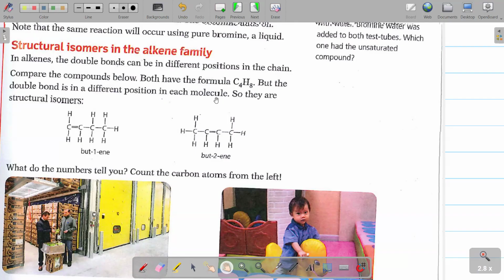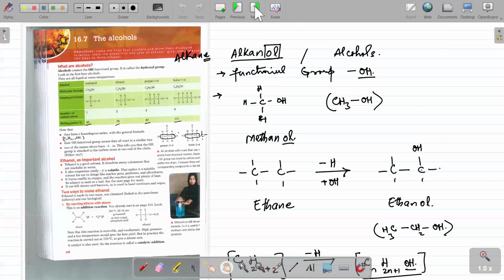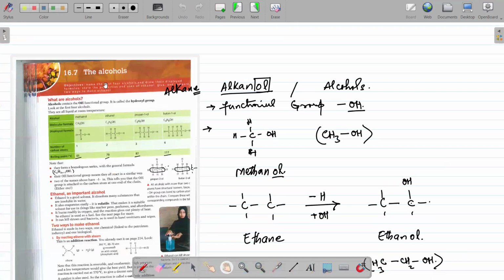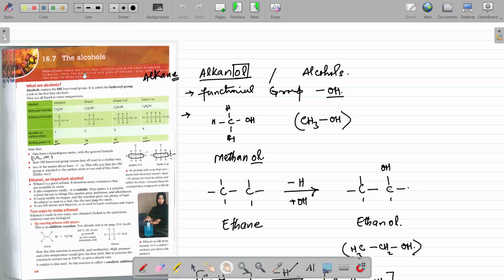Okay, now let's move on to the next class of organic compounds, as I gave you a brief introduction, that is alcohols. Alcohols are a separate class of organic compounds which have the functional group OH. All those compounds which have an OH group in them are known as alcohols. For naming, we also call them alkanols.